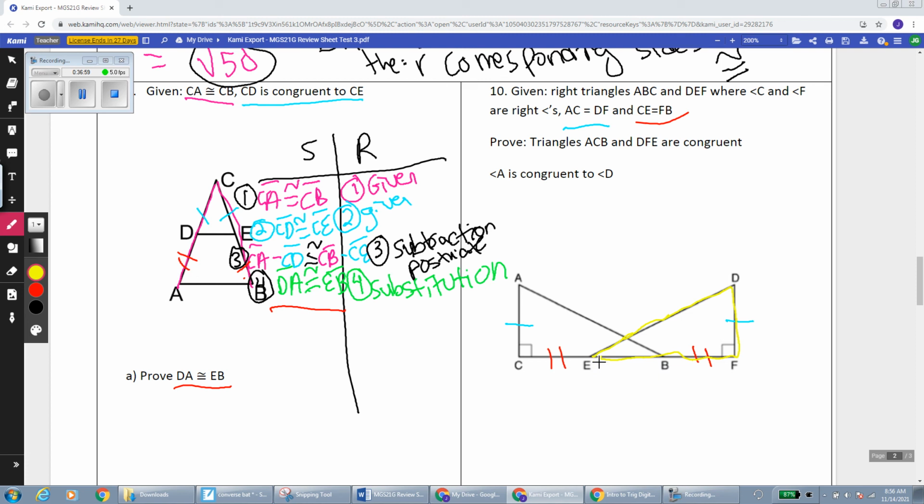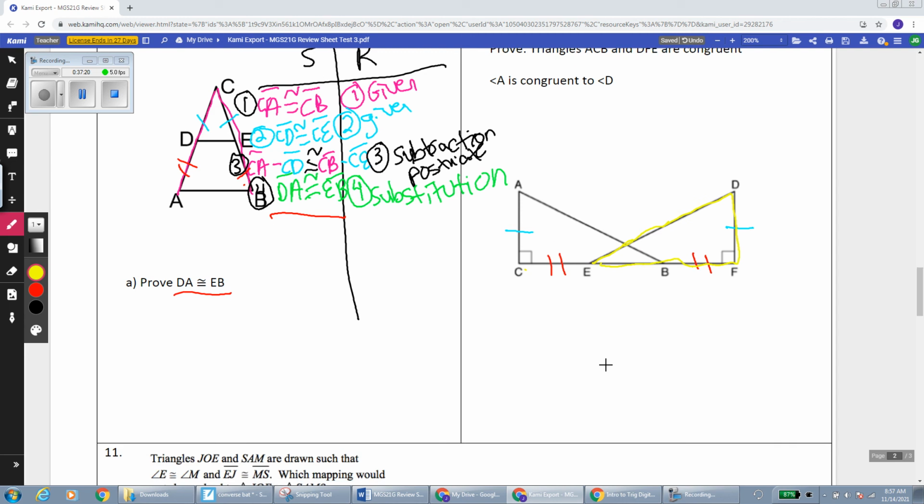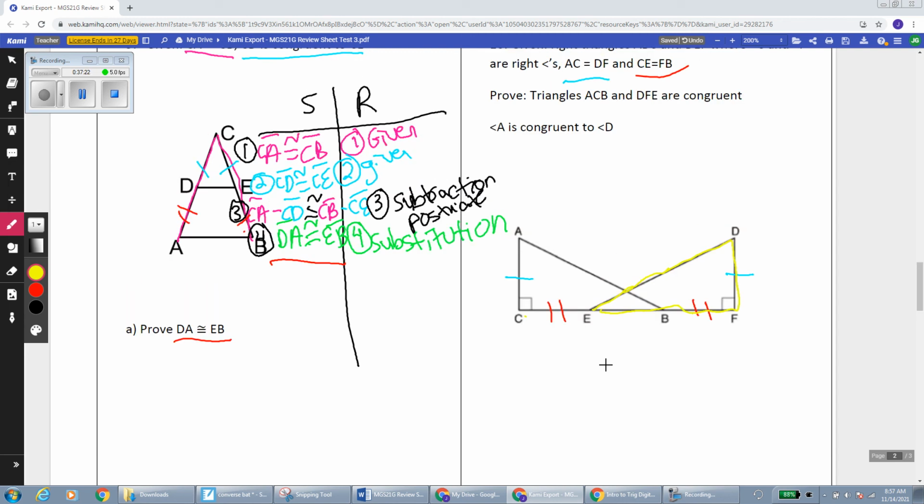So since we have information about the pieces and we want to get information about the full sides of each of the triangles, we're going to be using the addition postulate because we need to take the information about the pieces that we have and make them bigger to get information about the whole sides instead. So when we use addition, in order to get the whole side CB, we're going to be taking CE and we're going to be adding on this piece over here, EB, to get the whole segment CB.